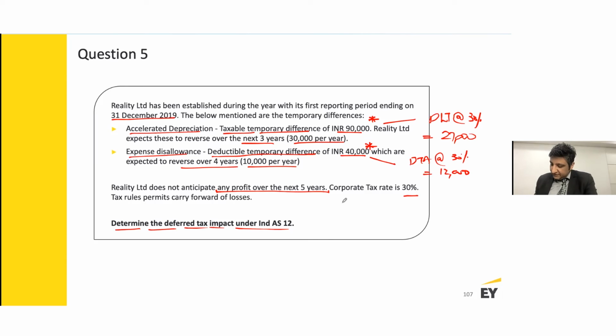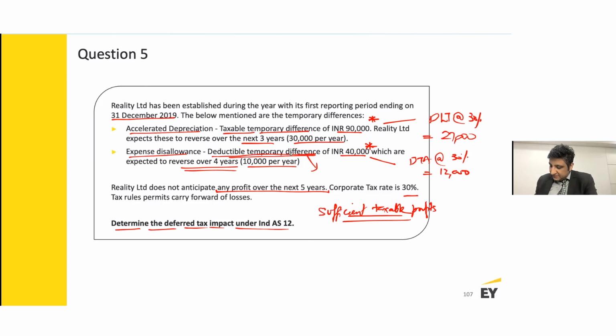The challenge that we are facing is that do we have sufficient taxable profits during these 4 years, wherein these DTAs would be recoverable, wherein this deductible temporary differences would be reversed. Okay.